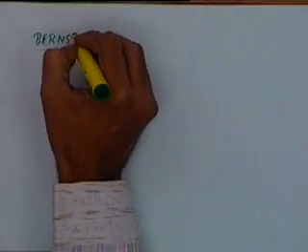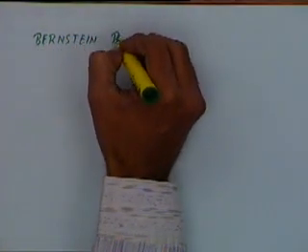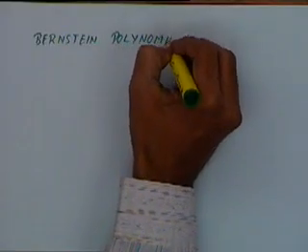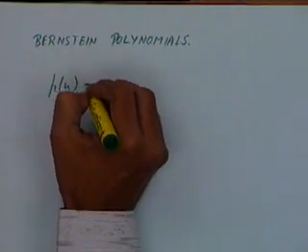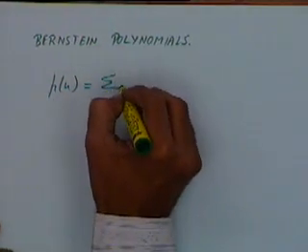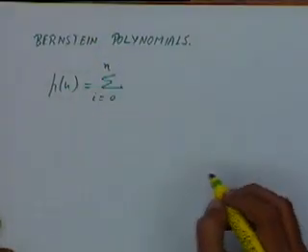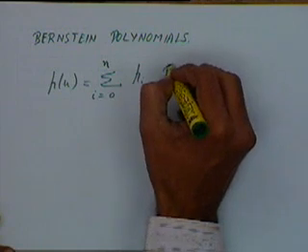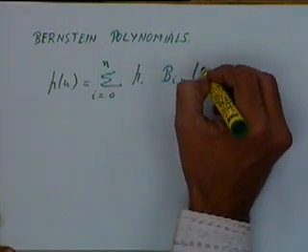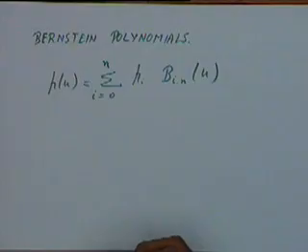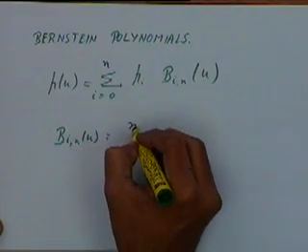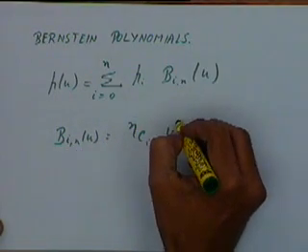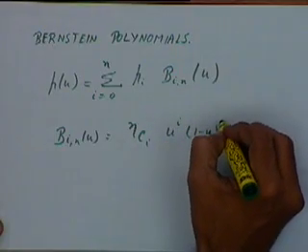One of those is what is called Bernstein polynomials, where we define a curve as P of u equal to the summation of i going from 0 to n of Pi multiplied by Bi,n of u, where Bi,n of u is equal to nCi multiplied by u to the power i into 1 minus u to the power n minus i.